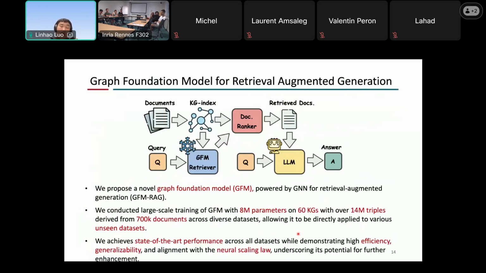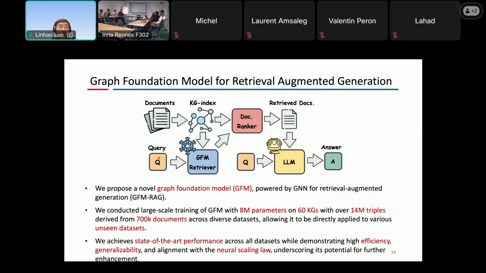To address these research gaps, we propose a novel graph foundation model, which is powered by a graph neural network for retrieval augmented generation. Here is a simple overview of our framework. Given a set of documents, we can construct a knowledge graph as an index with some open information extraction tools.